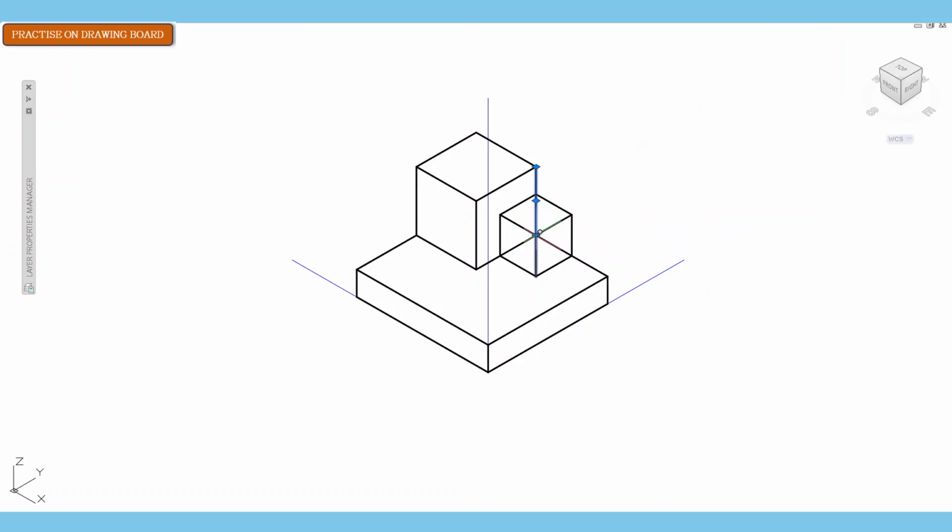All right, and then we have to make some little adjustments here, and this is about it. This is how we solve the problem.